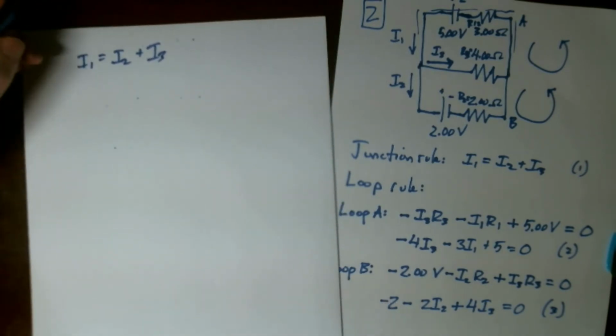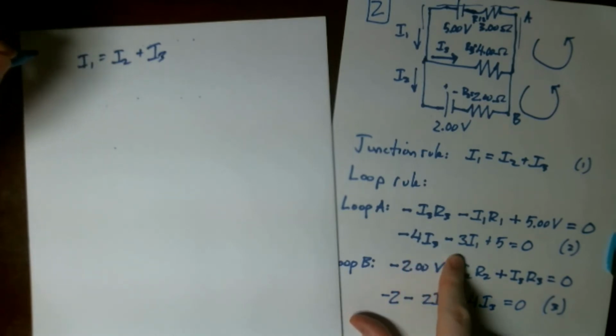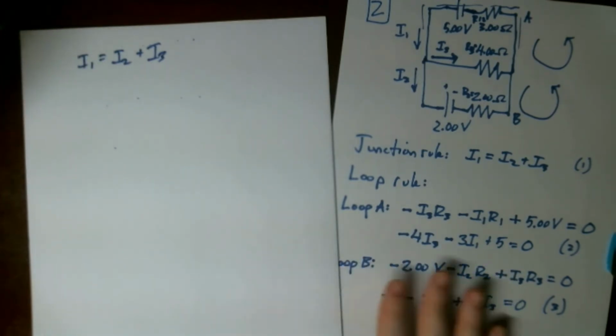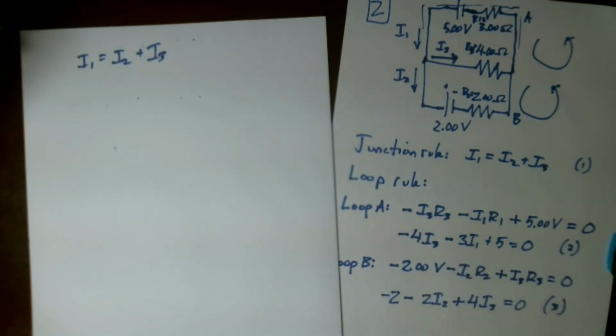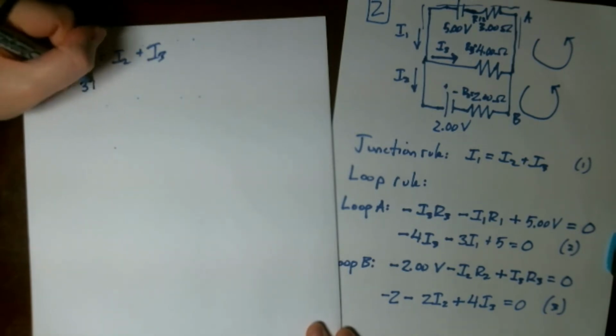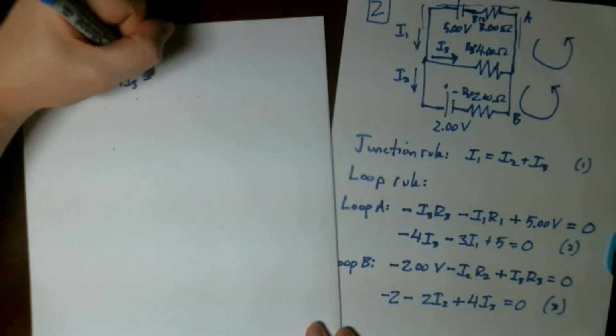Then from loop A, we have negative 4 I3 minus 3 I1 plus 5 equals 0. I'm going to move stuff over now to get rid of negative signs and make this a little clearer, and rewrite this as 3 I1 plus 4 I3 equals 5.